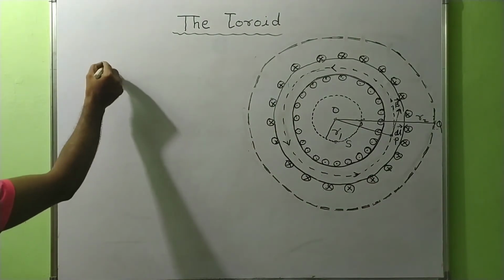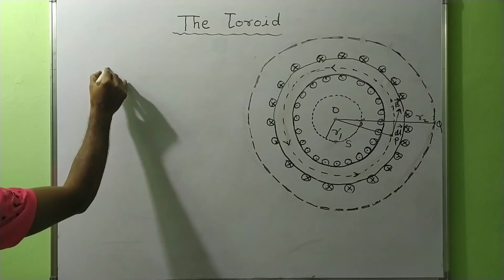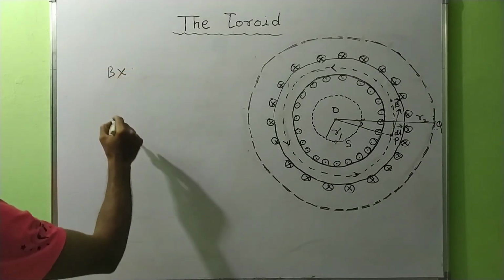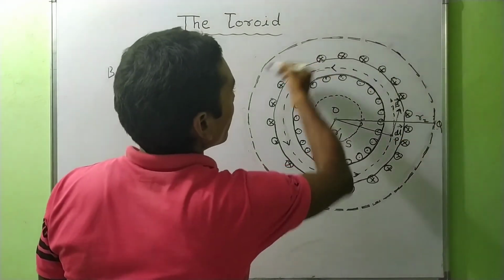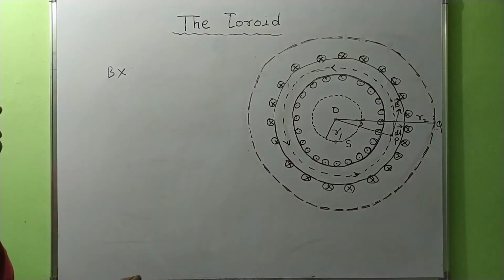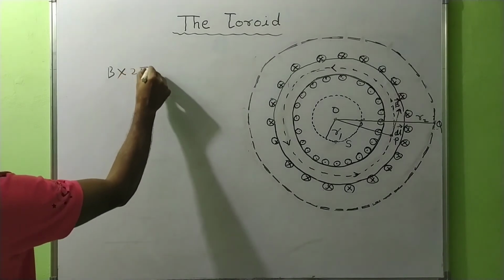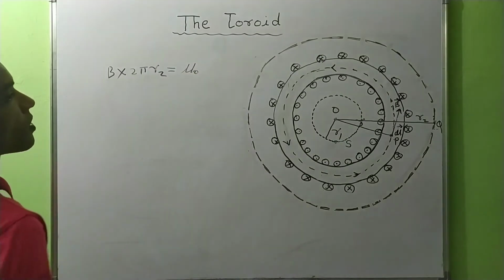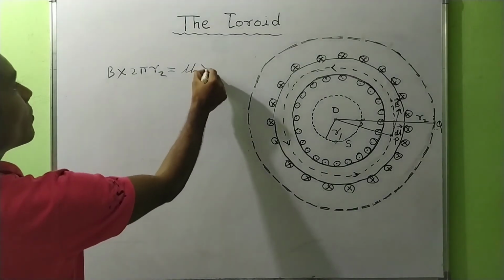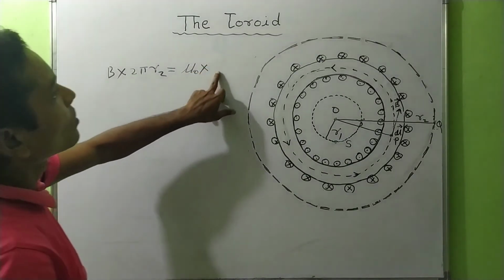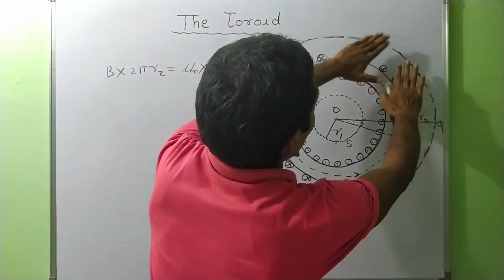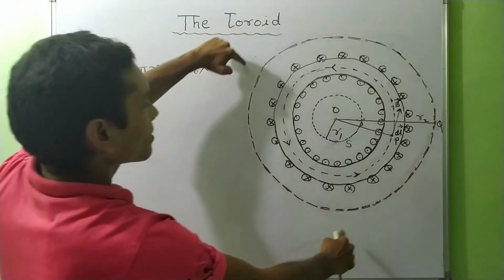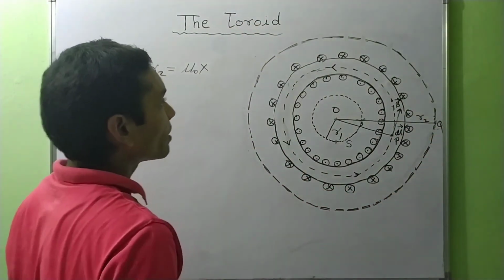On applying Ampere's circuital law, the magnetic field B into the total length of this Amperian loop, which is the circumference, so it will be 2 pi r2, will be equal to mu naught into the total current threading through this whole area enclosed by this circular Amperian loop.